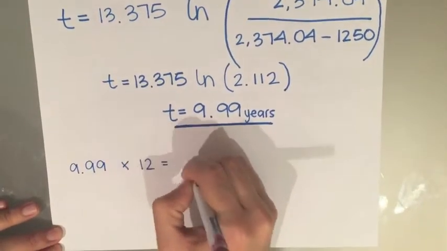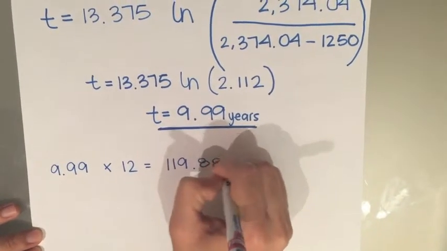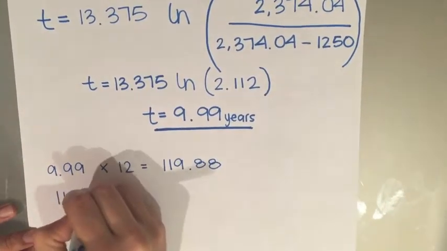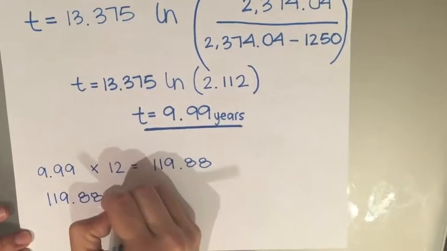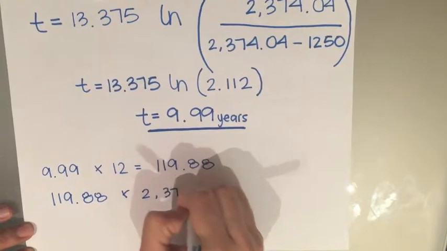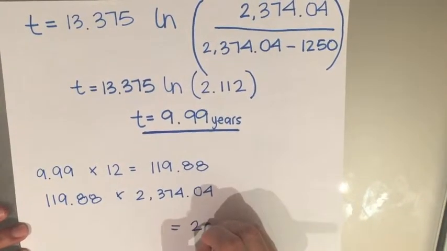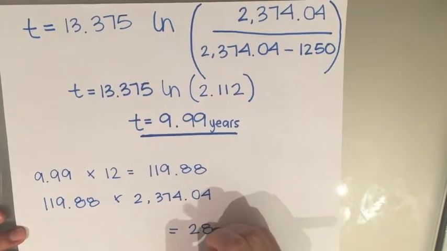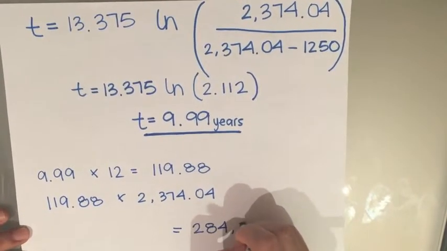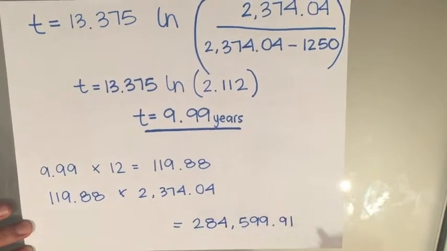It's 12 months, then it gives you 119.88. And that answer, you multiply it by the payment, another time by the x value, that is 2374.04, and the last answer will be $284,599.91. Thank you.